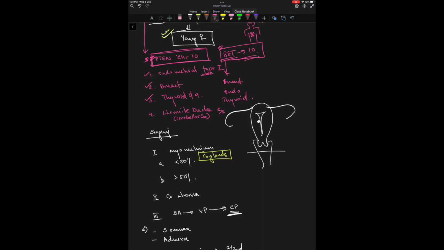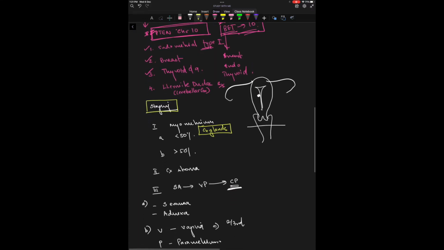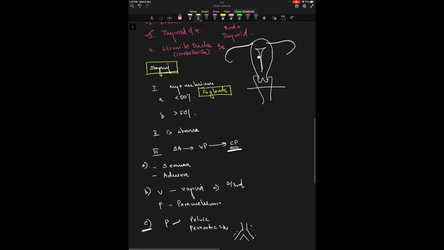Then what you need to know in this is the staging. We don't follow the TNM staging here. Okay, so stage 1 is involvement of the myometrium. Okay, let's draw uterus here. Uterus, cervix, these are the fallopian tubes, right?